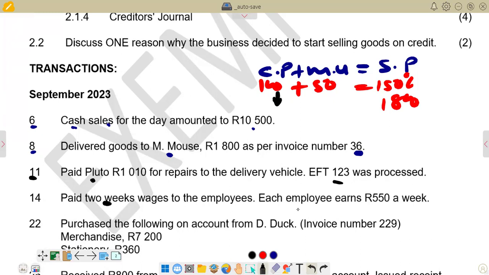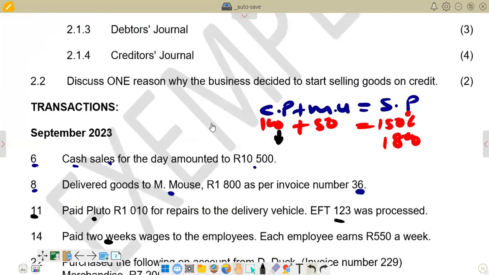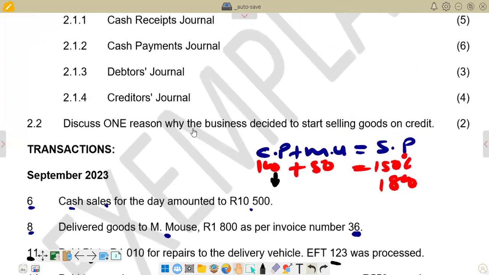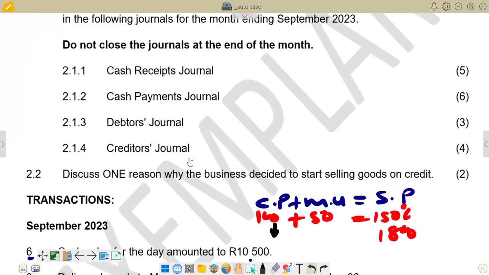So obviously we are going to say 2 times 550. We get the wages per week, and then this will be for 2 weeks. So basically, if you go to the question now, let's try to see what they are saying about the number of workers that are there at the beginning of the question.